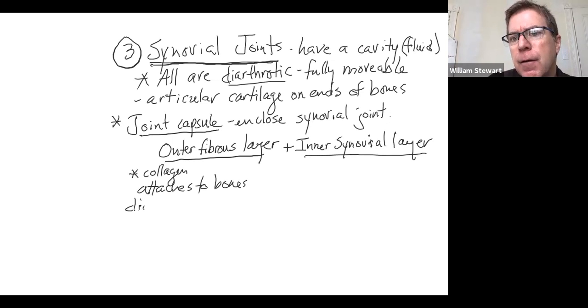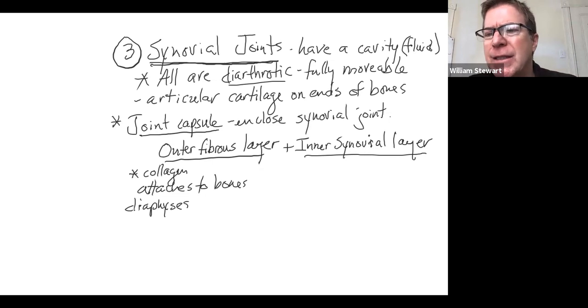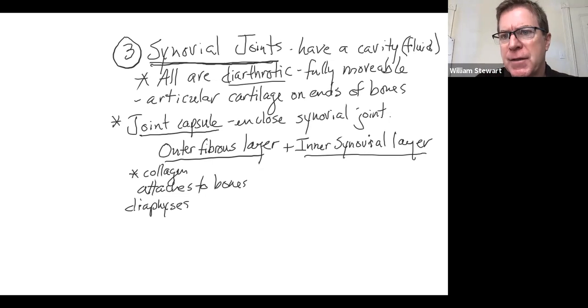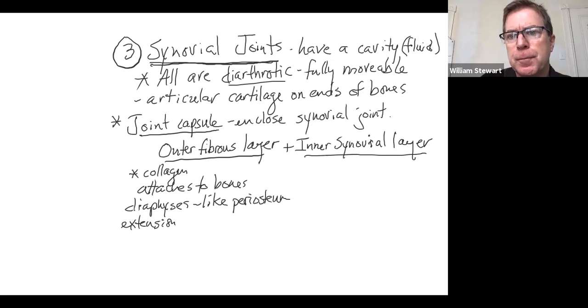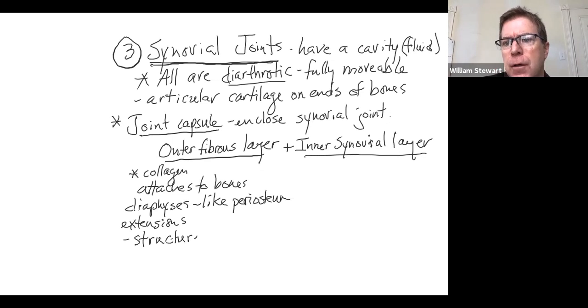That means the shaft of the bones, almost like an extension of the periosteum. It helps the joint structurally. So it gives a lot of strong structure to that joint. It prevents dislocation.